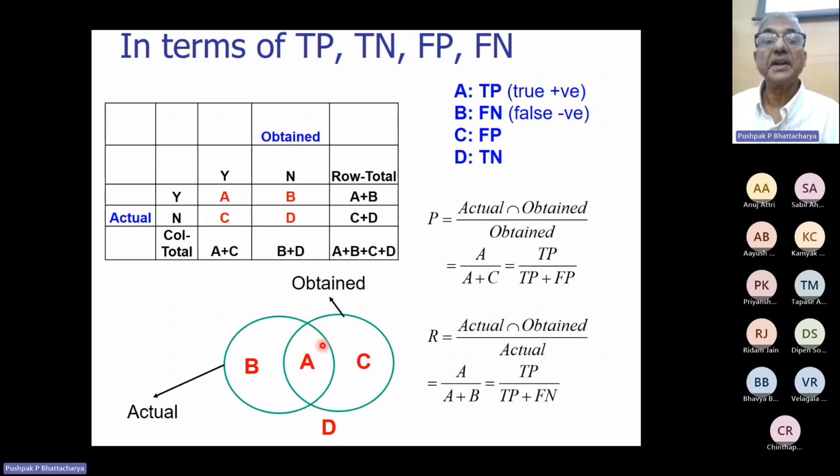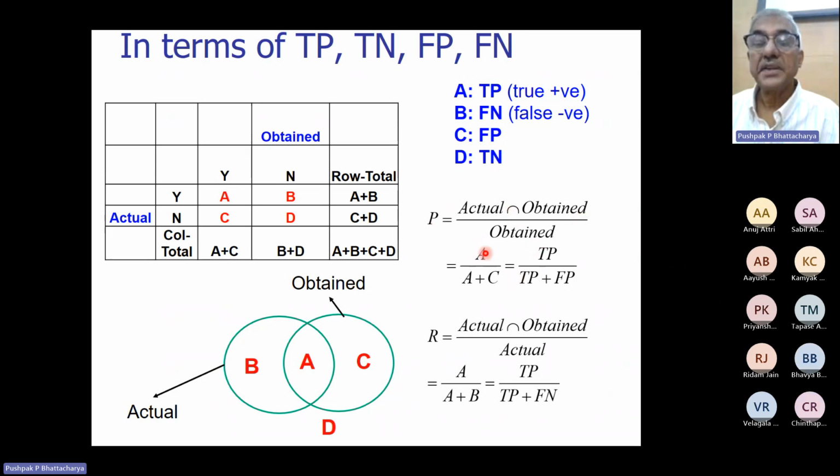So then precision and recall can be represented in the form of true positive, false positive, false negative. So precision is actual intersection obtained divided by obtained, which is A by A plus C. So true positive by true positive plus false positive.